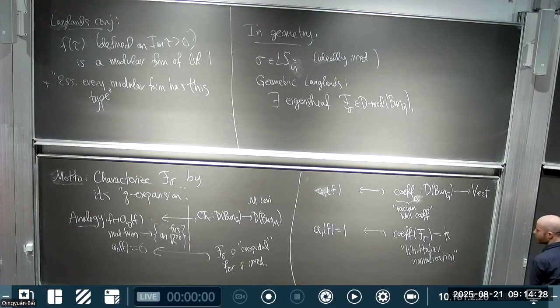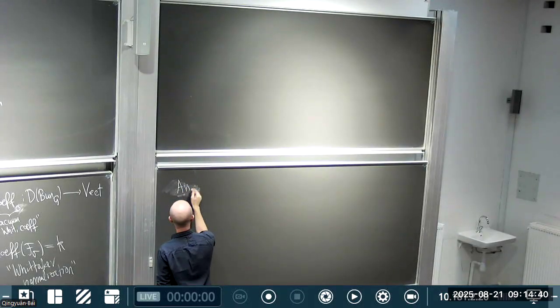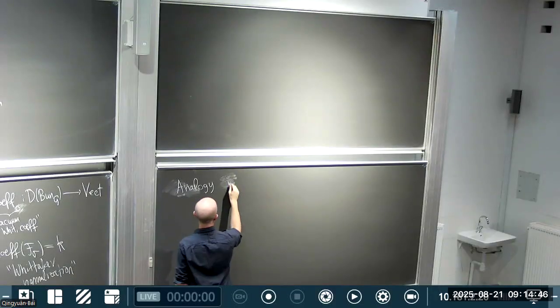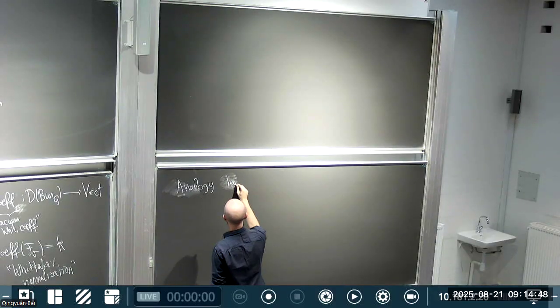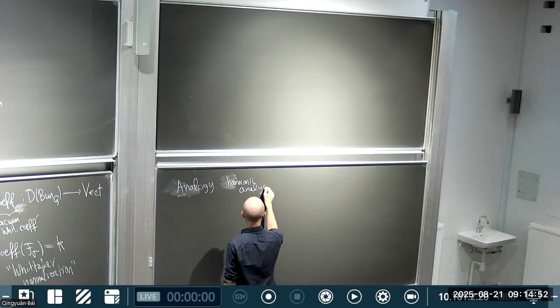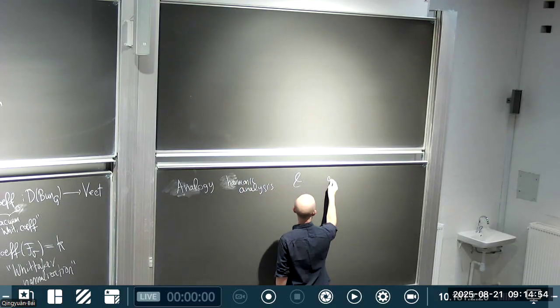Yeah, and I guess I should say something about where this part of this analogy comes from. So a little bit of analogy between the usual harmonic analysis and geometry.